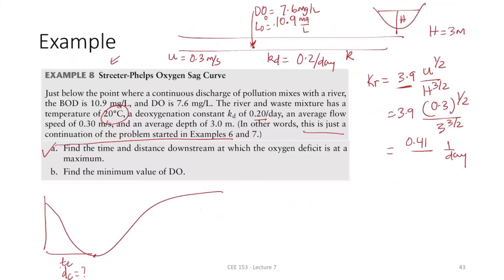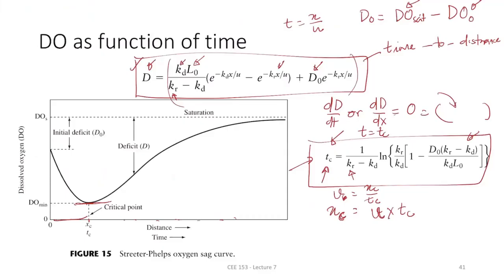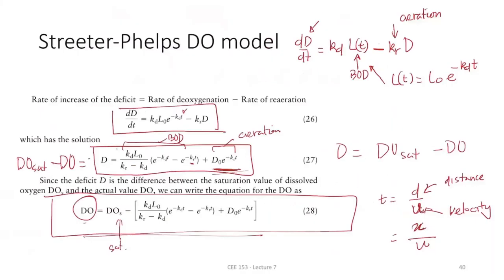And last, find the minimum value of DO at that critical point. So at that point, the deficit is this. It's given because you know the time. You should be able to calculate this value. So if you plug in that value, the maximum deficit is, let's see, is here.